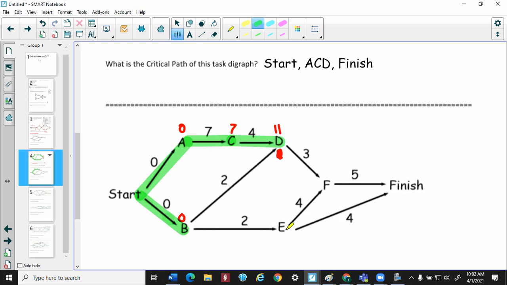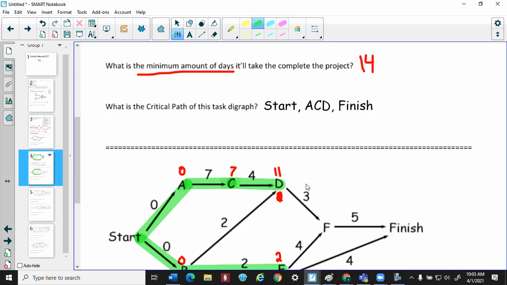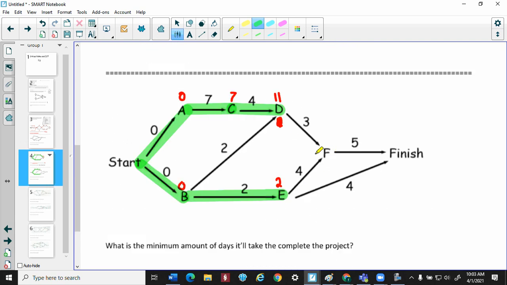Let's look at E. B's pointing to E, just like in that last one. So B starts at 0, 2. That means E is going to start on the second day. So I'm going to highlight that. Uh-oh, F's got 2 arrows pointing to it, and I think it's very similar to the last one. Let's see.